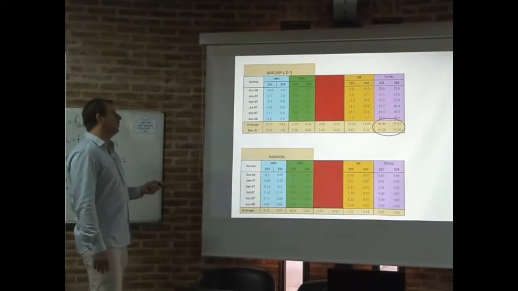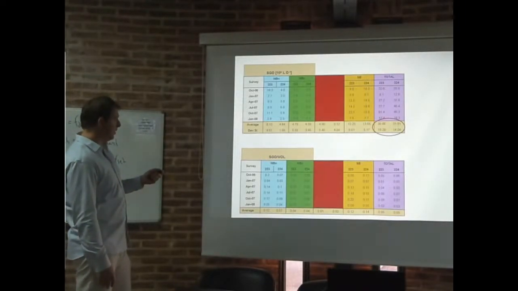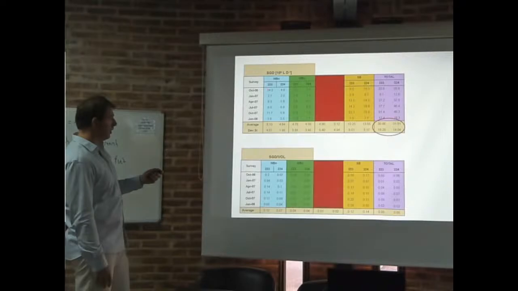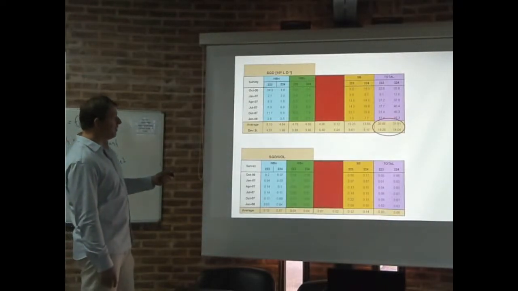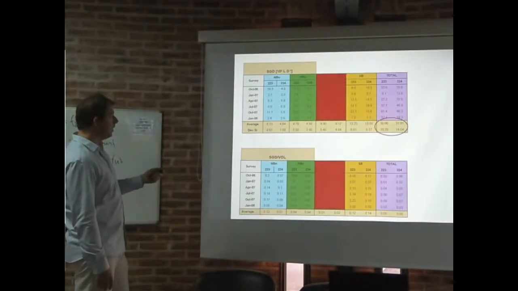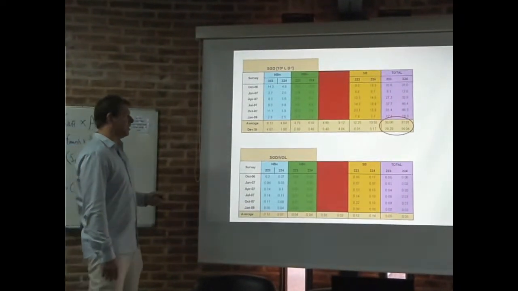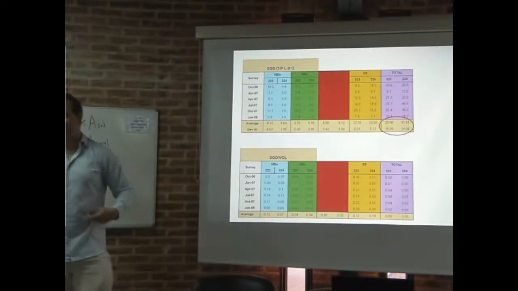And we then tried to understand both short-lived isotopes, 223 and 224, in each of these basins for 6 different seasons. So this was a lot of work.